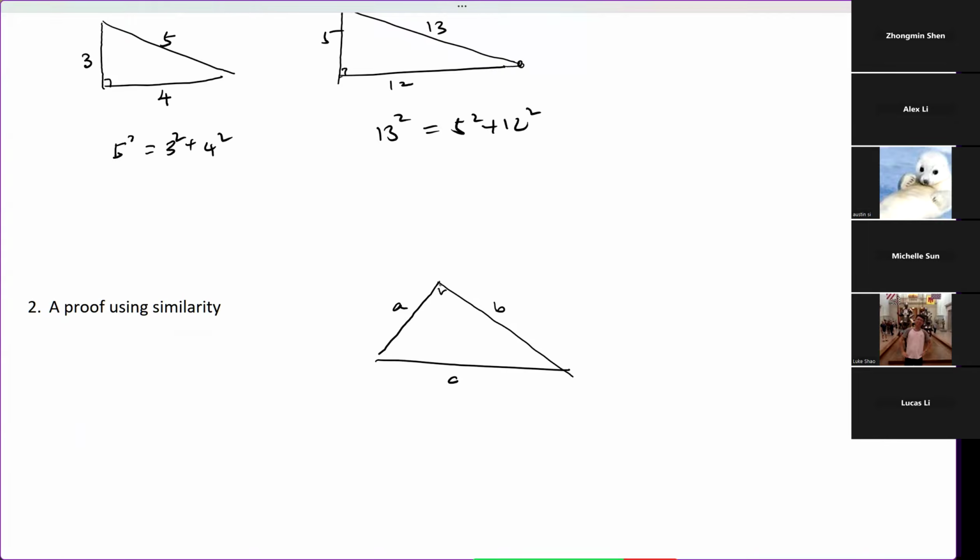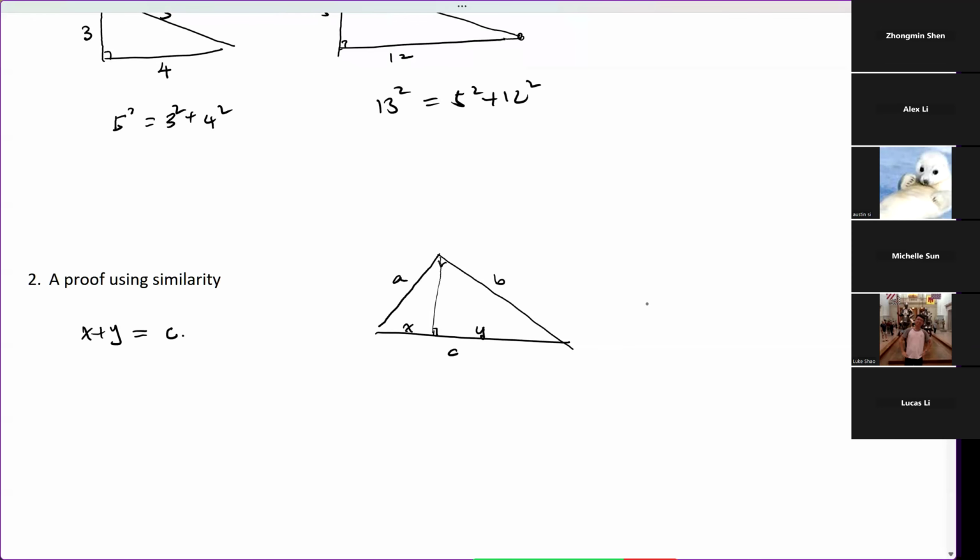Then I draw the line, an altitude from the right angle vertex to the hypotenuse. So this will be X, this will be Y. So X plus Y equals C, right? Then you find out the triangles are similar.